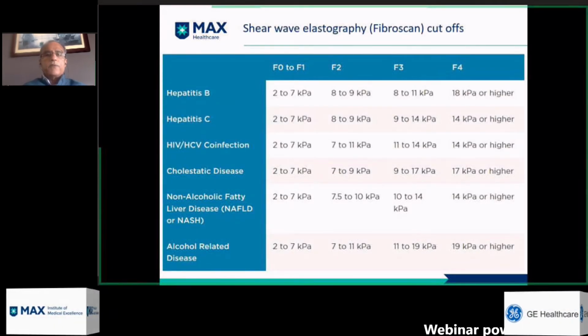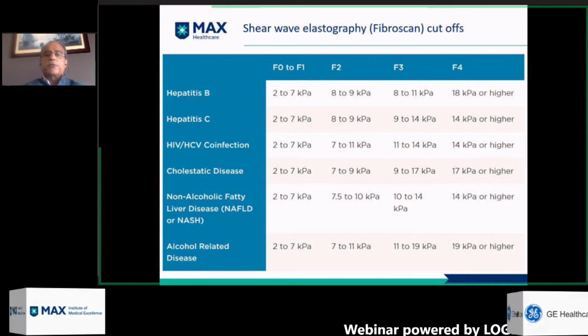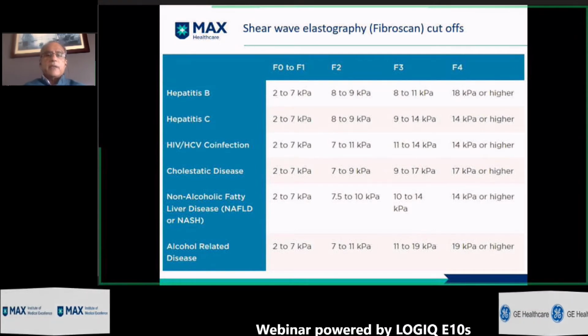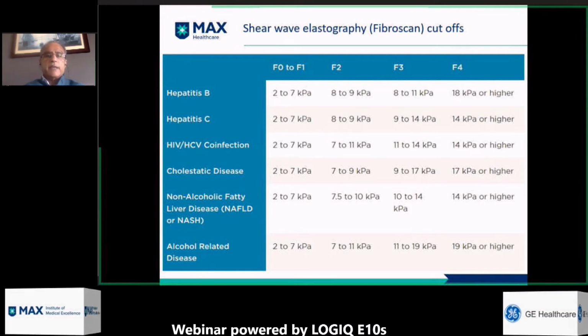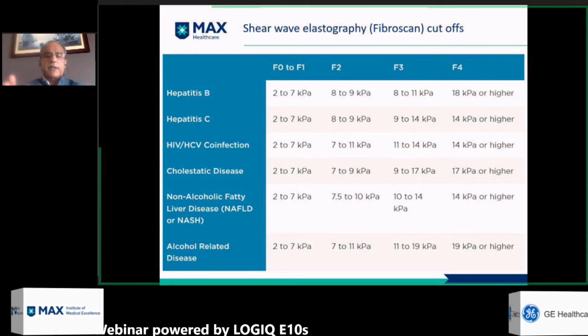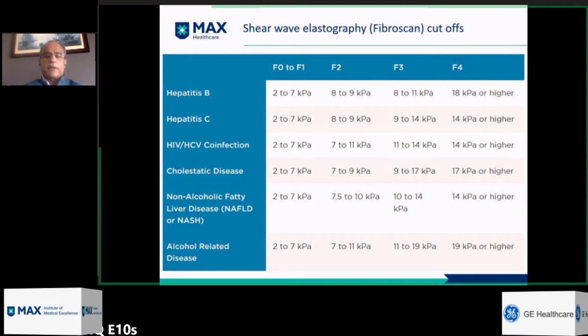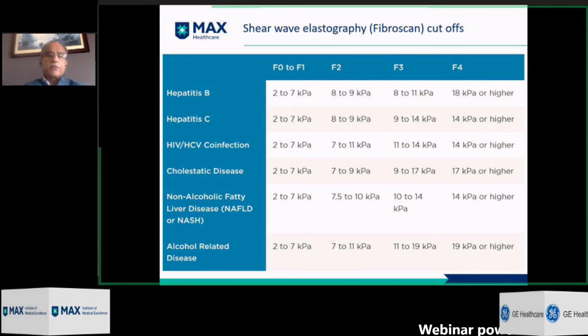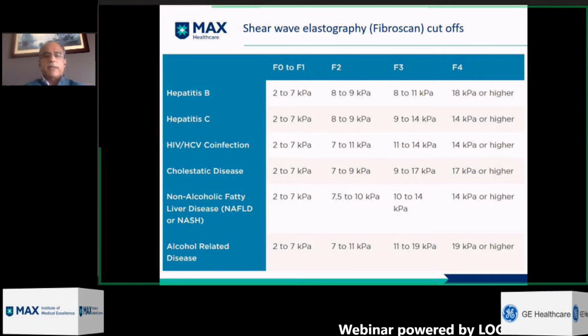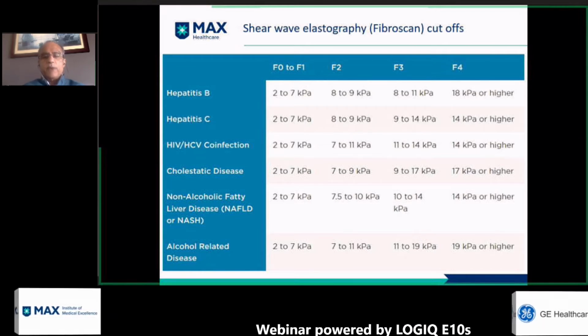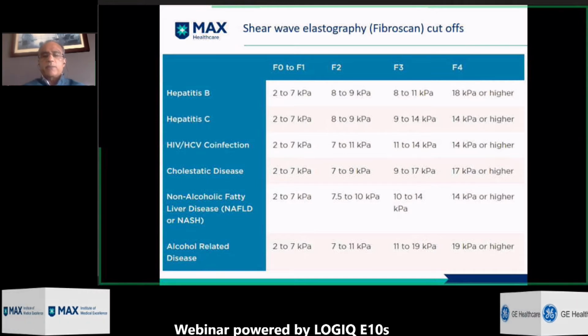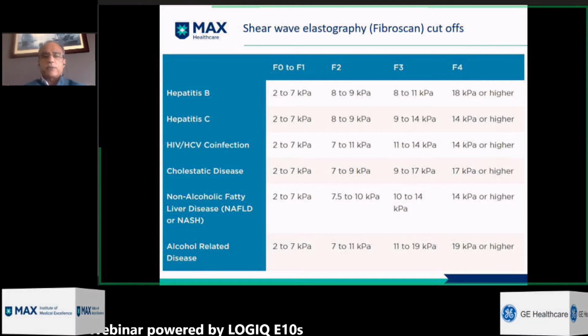This is what we commonly use as a fibroscan, and different diseases have slightly different cutoffs to a certain extent, but overall there is some degree of variation. So at the lower end of the spectrum, anything below 7 kPa is considered no fibrosis, which is F0 to F1. Anything more than 12 is a rough number I would like you to remember, means there's advanced fibrosis or even cirrhosis.